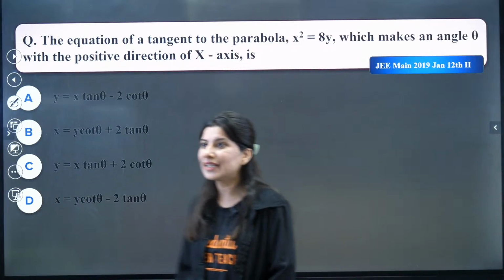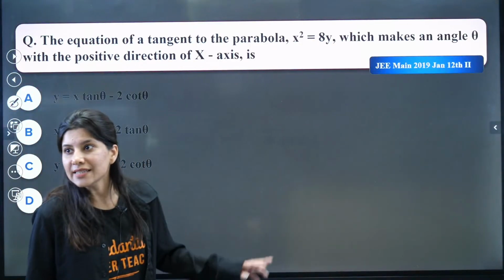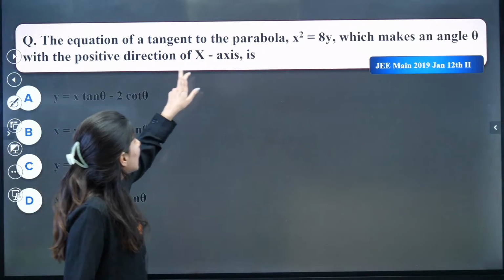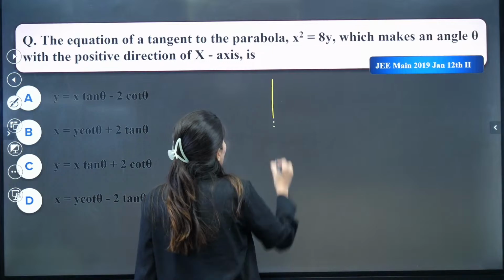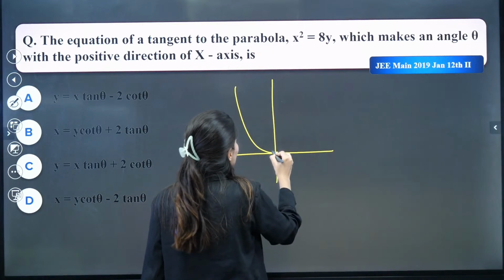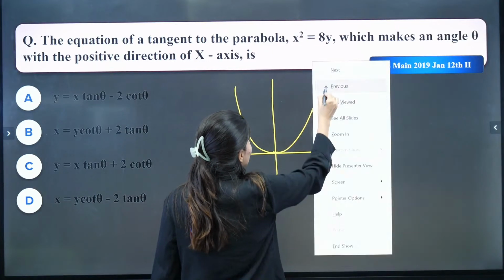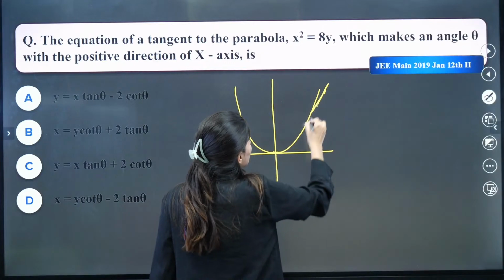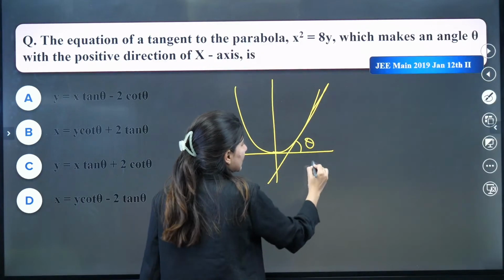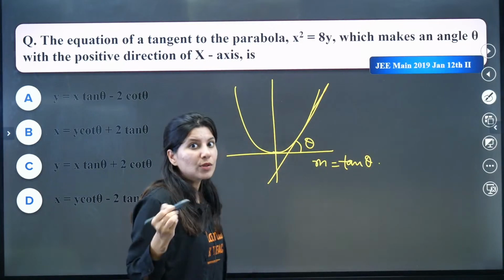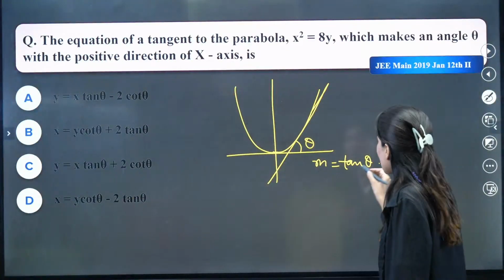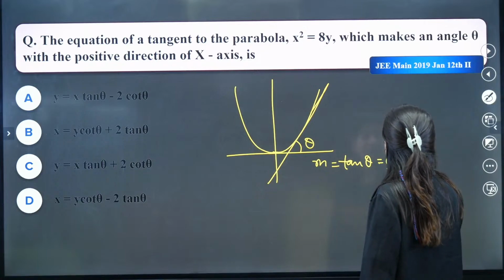So what they are saying is, this is your parabola, and we are looking for the equation of tangent of this parabola, which is making an angle of theta with the x-axis. That means slope of this is nothing but tan theta. That's what I know. That's the slope, which can be written as dy by dx is tan theta.